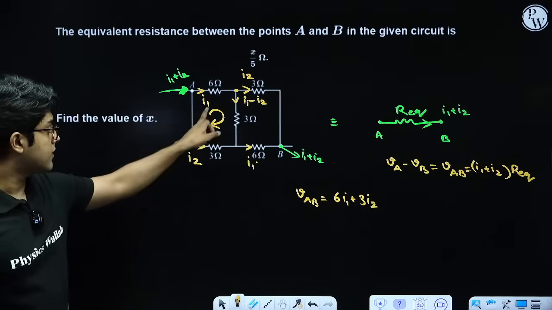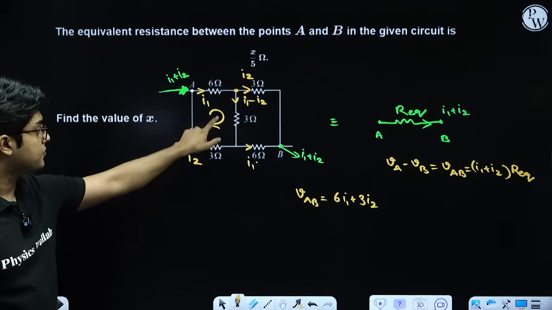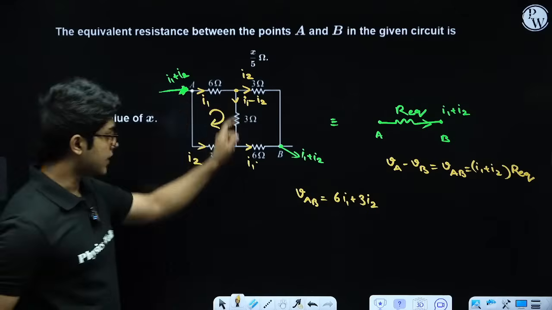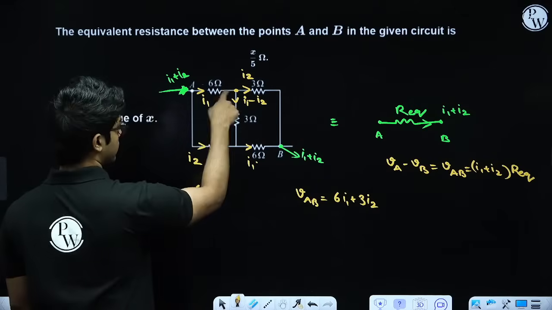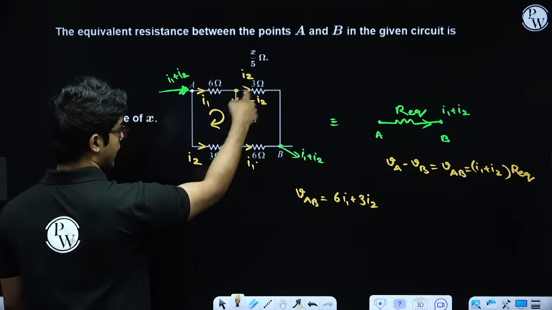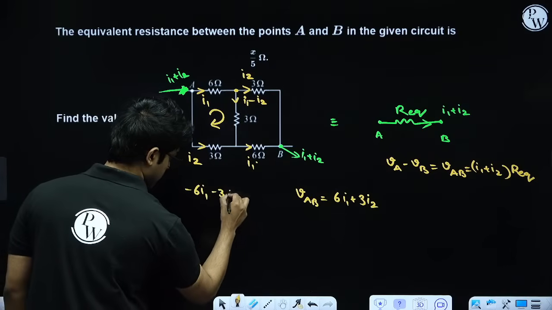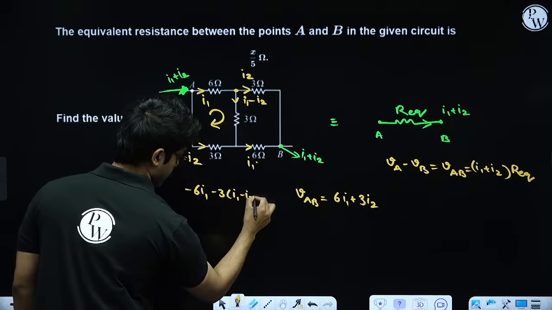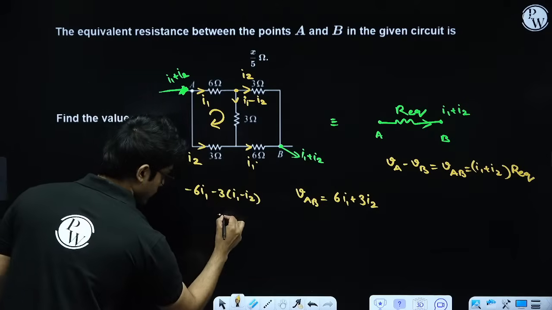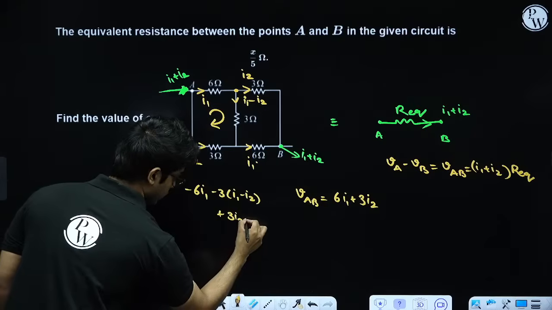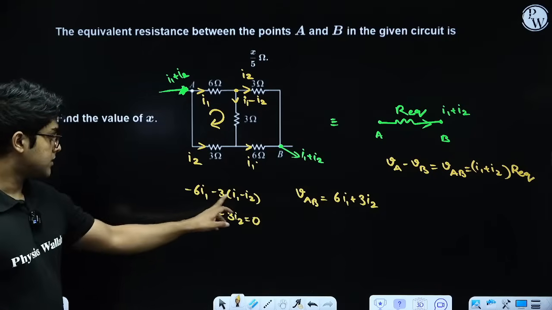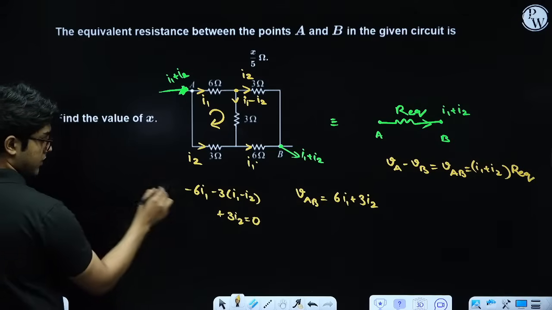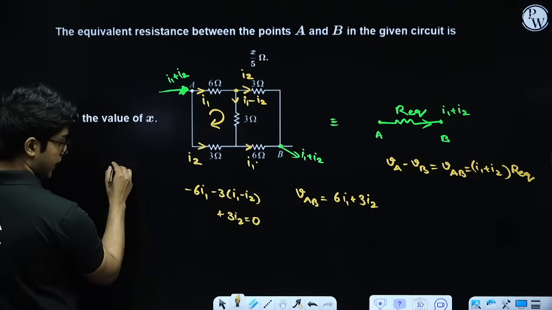So now we can use KVL in this loop over here. So minus 6I1, potential drop, minus 3 times (I1 minus I2) and a plus 3I2 is equal to 0. Okay, so this is the second KVL equation. So minus 3 minus 6 is minus 9. Take it to the other side, it will become 9I1.